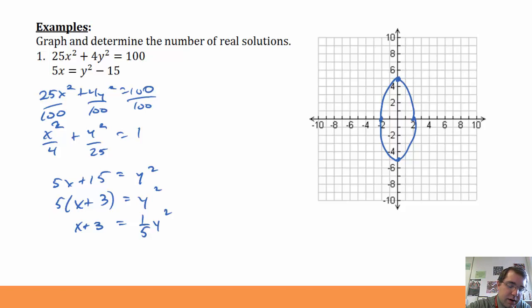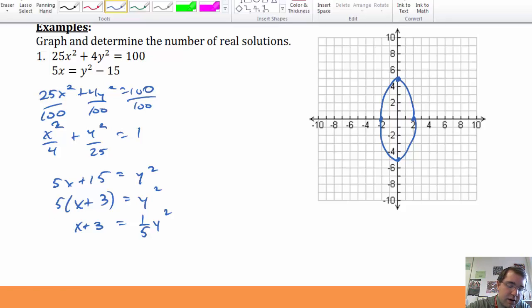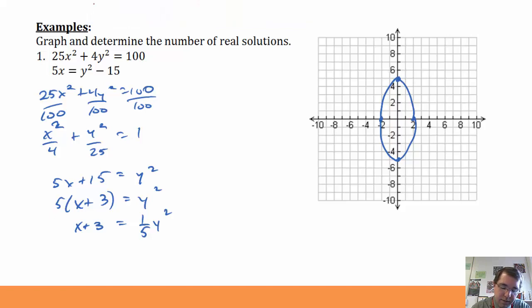I'll do this one in red. Vertex at negative 3, 0. And then if I just pick another point, let's say I pick y to be 5, then y squared is 25 divided by 5 is 5, and then I'll subtract 3, and I'll get 2.